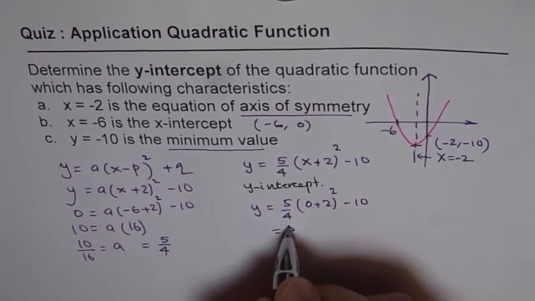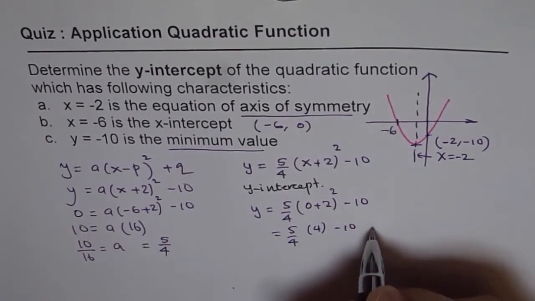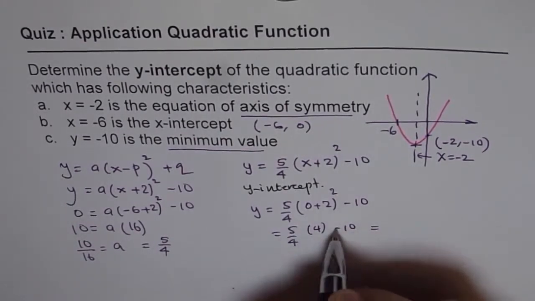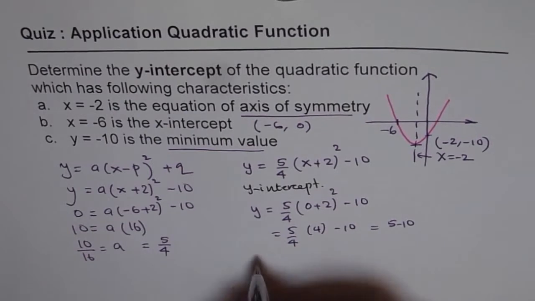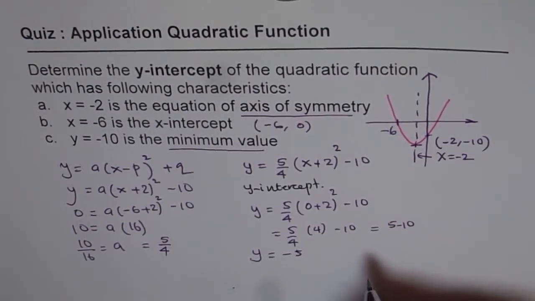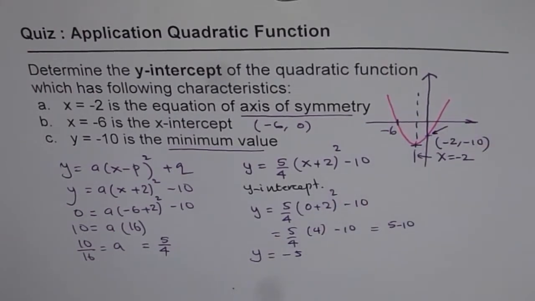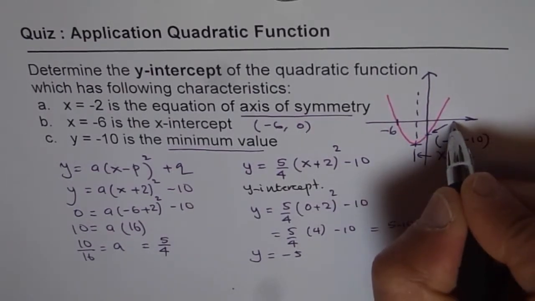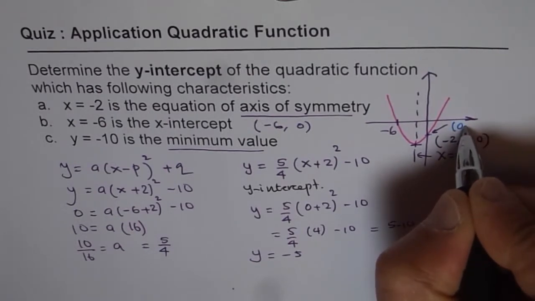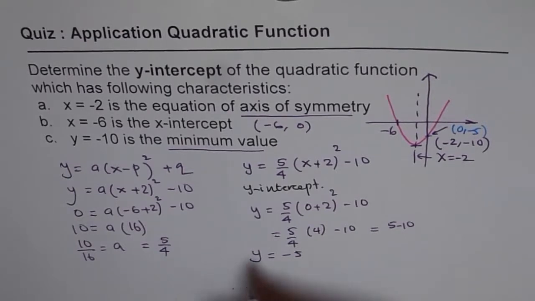And that gives us 5 over 4 times 4, minus 10, and the 4s cancel, we get 5 minus 10, and so we get the y-intercept as -5. Do you see? So this point which we wanted to find is the y-intercept, and that point for us is indeed -5. So we have this point at 0 for the x value and -5 for y. Correct?